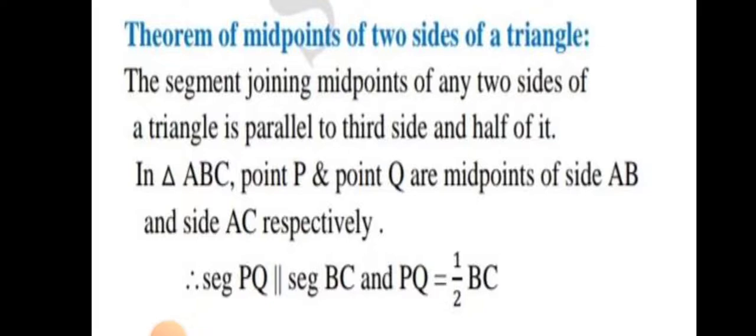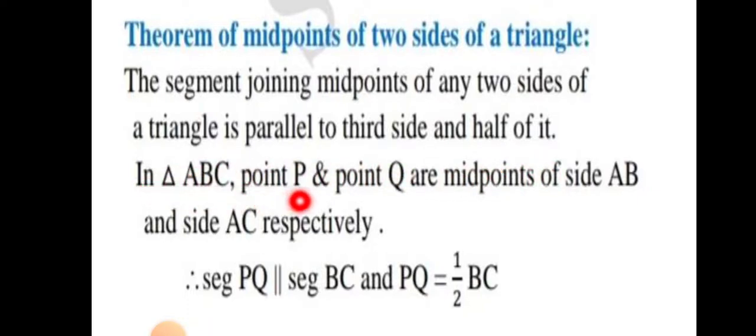Now, theorem of midpoints of two sides of a triangle. This is more important, dear student. Midpoint theorem आपण त्याला म्हणूया. The segment joining midpoints of any two sides of a triangle is parallel to third side and half of it.